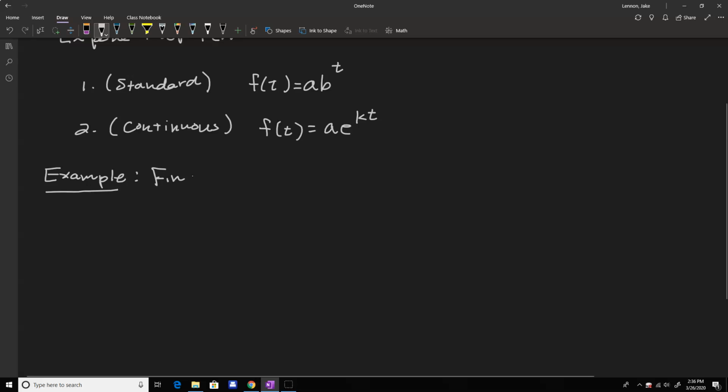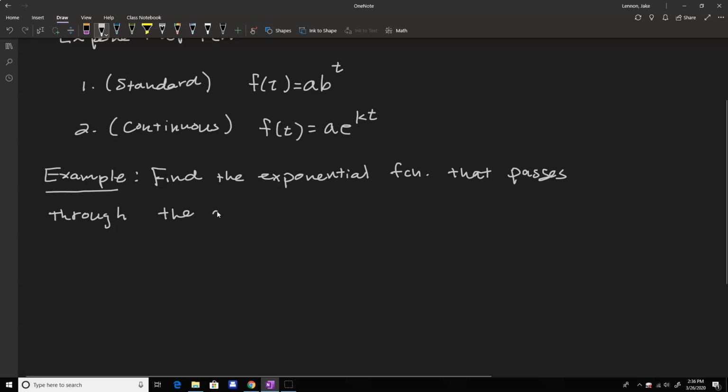So find the exponential function that passes through the given pair of points.